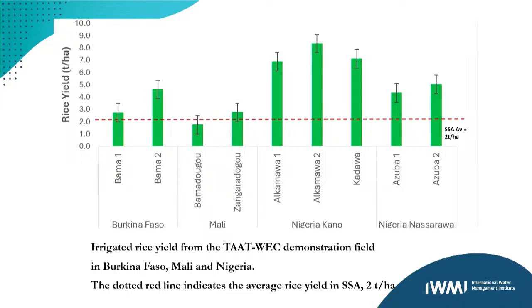But the fact is, if we explore some of these very simple technologies efficiently implemented with good agricultural practices, we have the potential of reaching even up to 8 tons per hectare of rice. We see 5 tons in Bama, in Alkamawa we see 7, 8. This is farmer practiced. This is not what we as scientists implemented. This is what the farmers were able to do, working together.